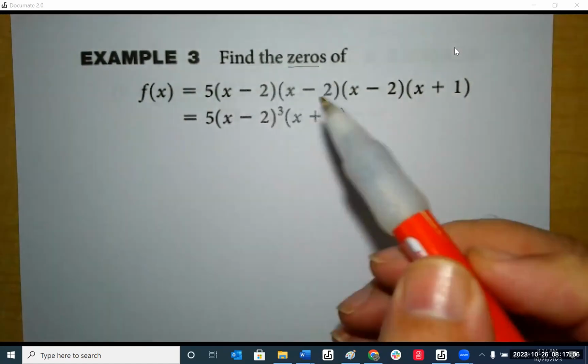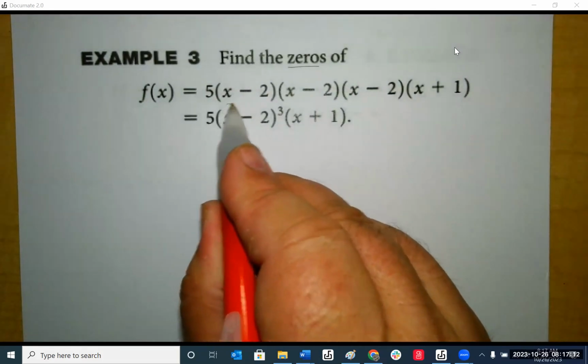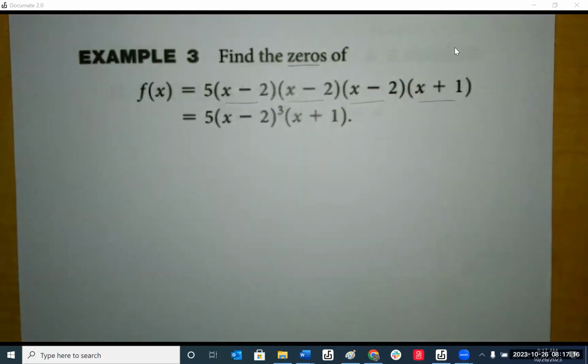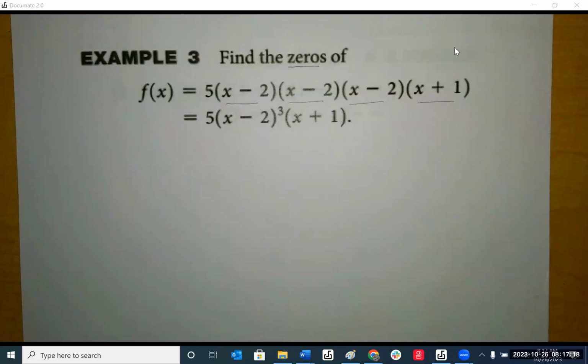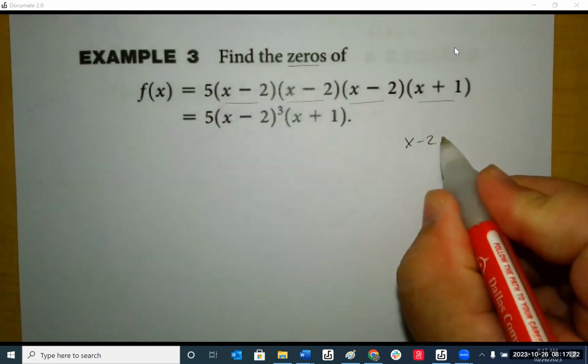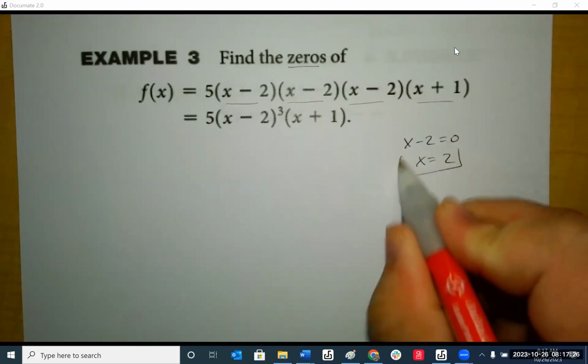The zeros are found once we factor the equation. We set each of the binomial factors equal to 0. So we'll have x minus 2 equals 0, which means x equals 2 is a solution.